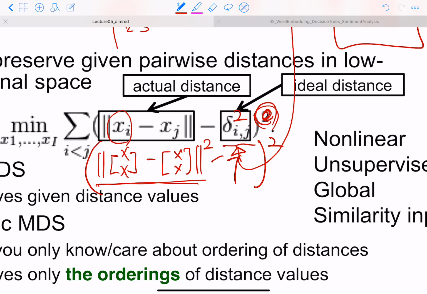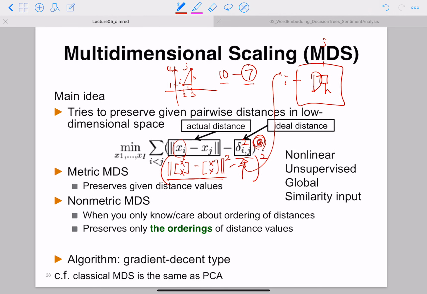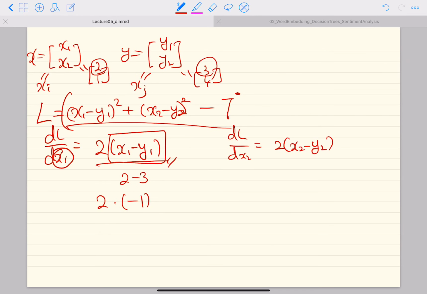Okay, let's imagine this kind of loss function. And then we have the squared over here, right? So that is more natural. Sorry, but let me rewrite it.